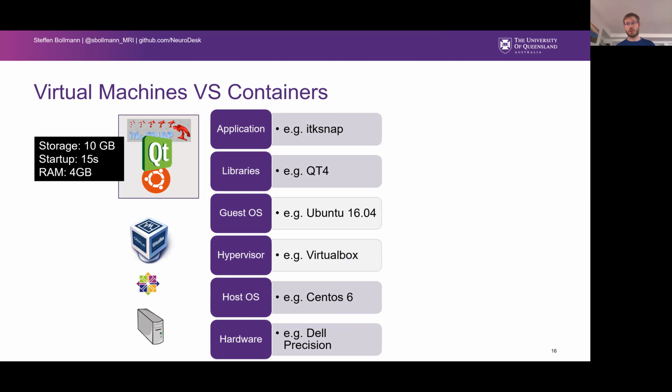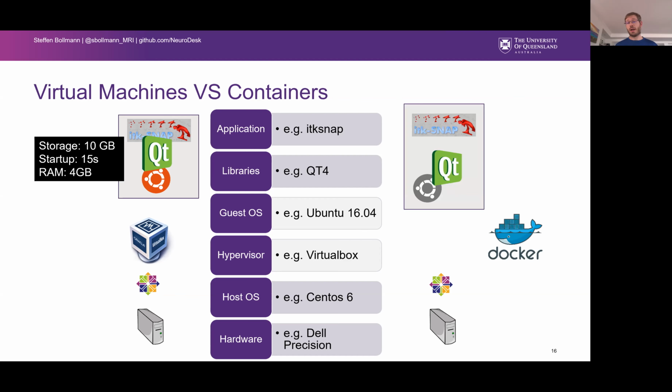And when the whole cloud computing came along, people thought about how can we make this process a little bit more performant. So what Docker and other container technologies are doing is they're using newer features in the kernel, which are called cgroups and namespaces. And they allow us to separate processes from each other. So when we now install our toolkit, we don't need to emulate the whole operating system. We only need to virtualize the parts of the system that we actually need.